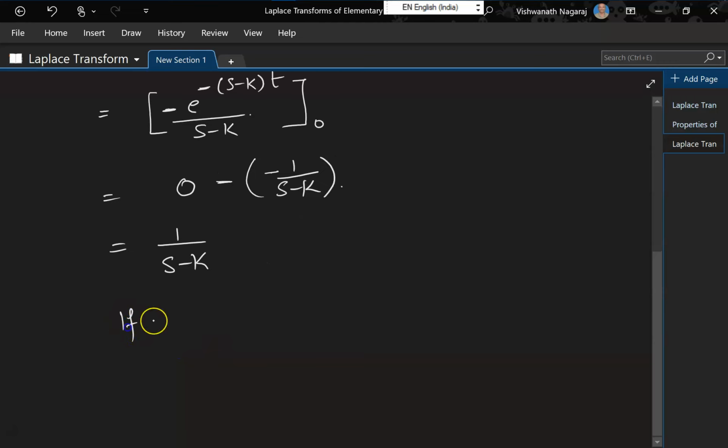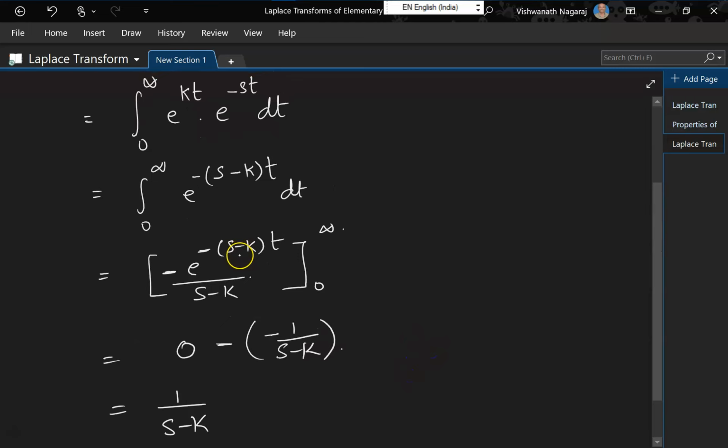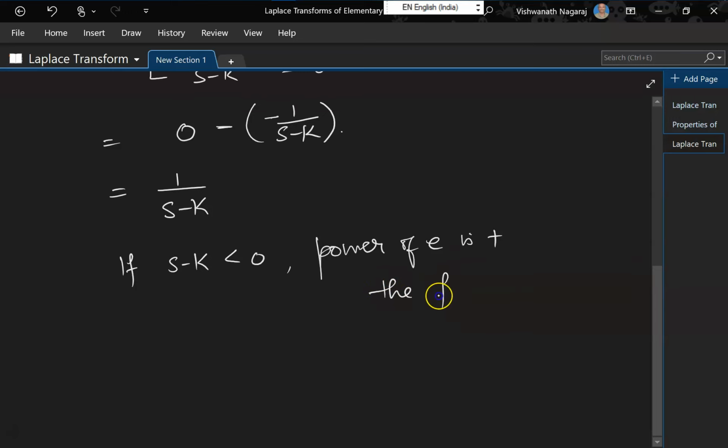Now, if s minus k is less than 0, what will happen? S minus k is negative, which means the power of e is positive, so the function diverges.